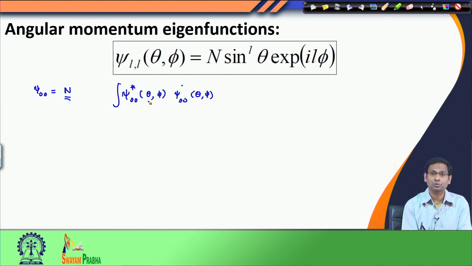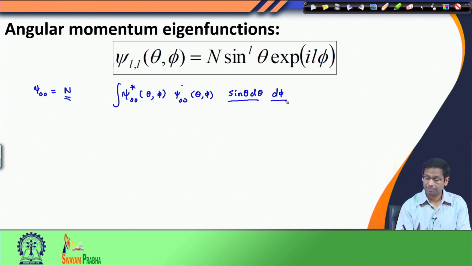We have two variables, two coordinates, theta and phi. And if you remember, the element to integrate along the theta axis is not just d theta, rather it is sin theta d theta, and the element that we have to integrate for the phi coordinate is d phi.